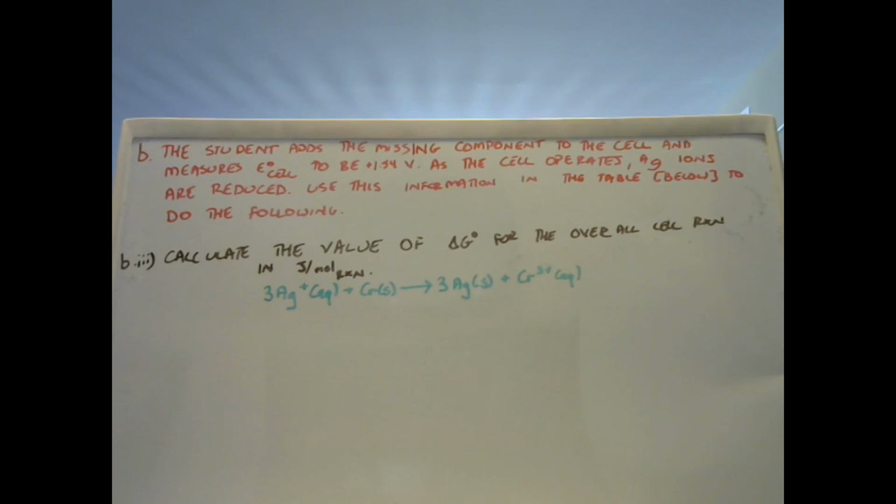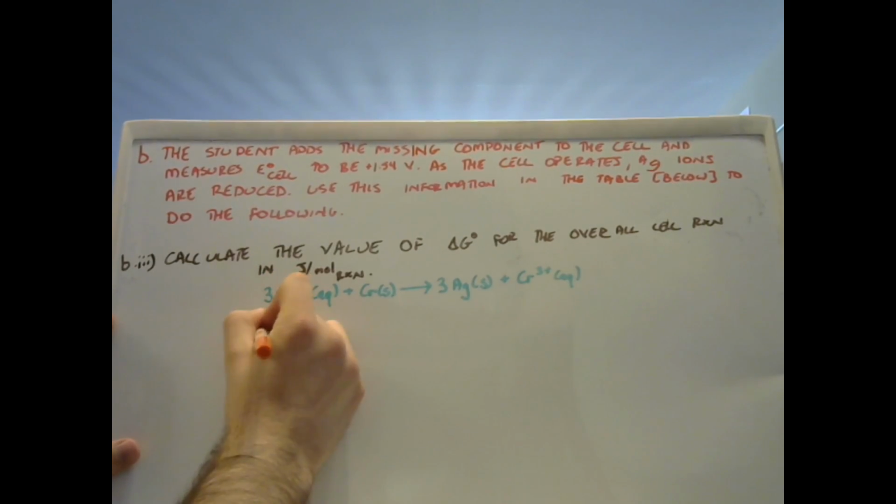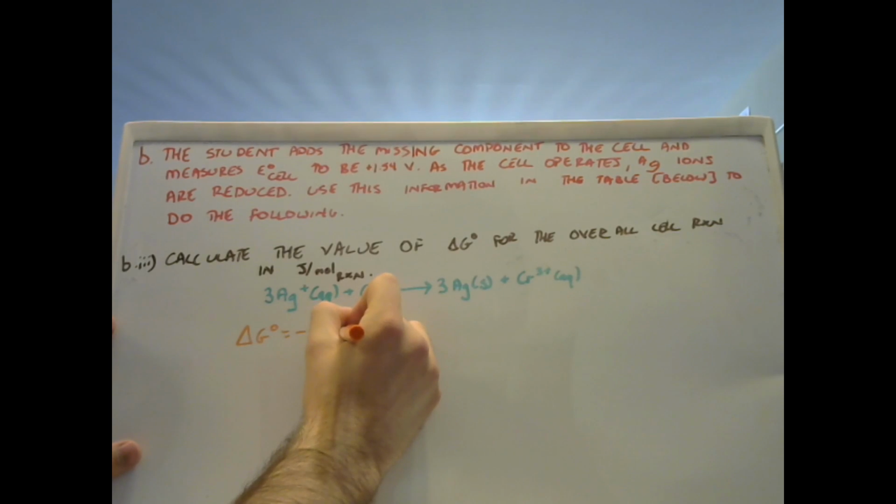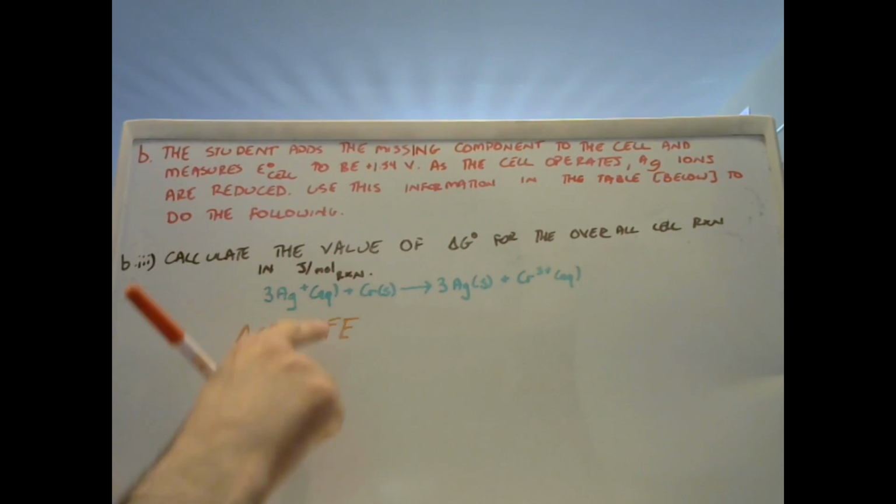Part B, part 3, asks us to calculate the value of delta G standard overall for the reaction in joules per mole reaction. The equation for delta G for a galvanic cell is delta G equals negative n F E, where E is the cell value, F is Faraday's constant, n is the moles of electrons, which means we need to look at our chemical reaction again.